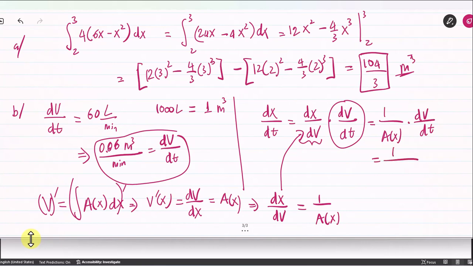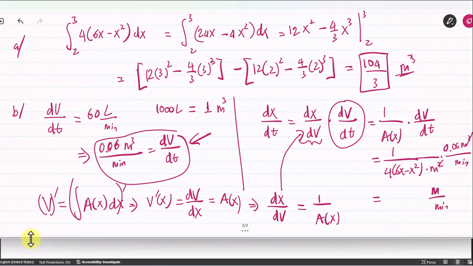And I know that A of x is the cross-sectional area, which is 4 times (6x minus x squared), with units of square meters. We multiply by dV/dt, which is 0.06 cubic meters per minute. If you cancel the square and the cube, you have only meters per minute.